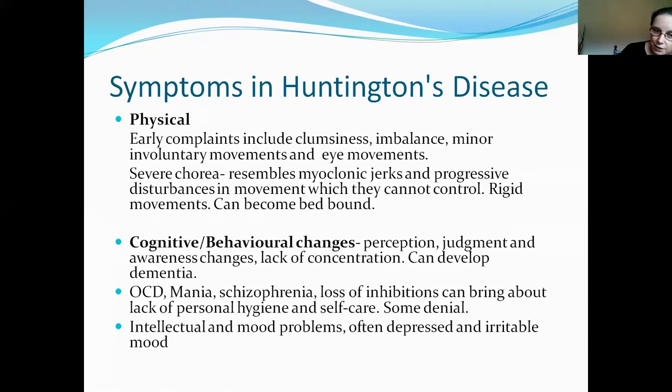Sometimes they lose their inhibition, which can cause lack of personal hygiene and self-care. Sometimes they're very much in denial about the difficulties, which makes treating and helping them quite difficult. Obviously there are some intellectual and mood problems. Sometimes they can be depressed and irritable. And all these things will have a big impact on the person's ability to communicate, which we'll now go on to talk about first.